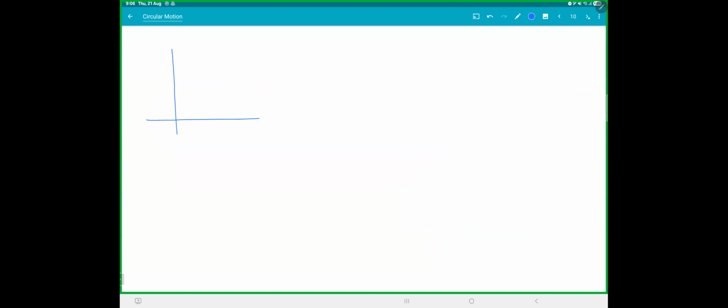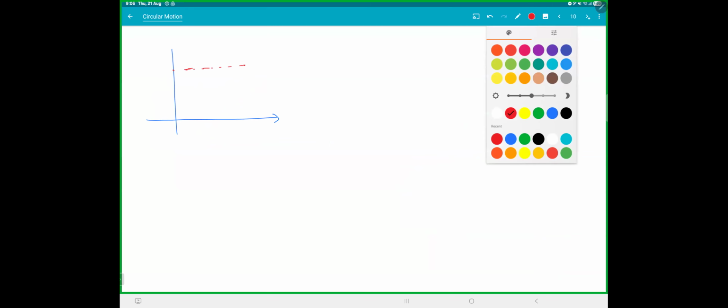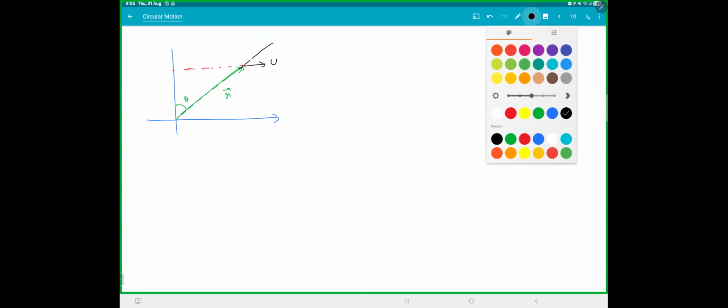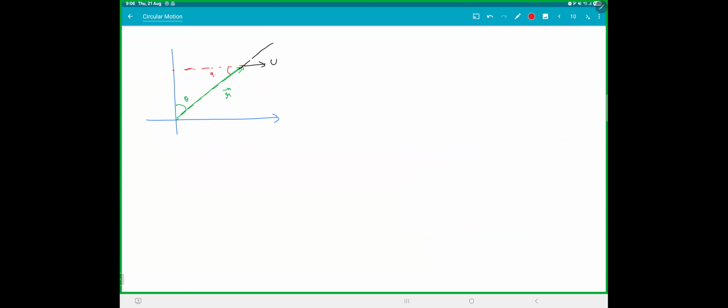This is what we did in kinematics. So the particle is going in a circle. This was your r bar. This was theta. This is your speed u. This angle will be 90 minus theta. This angle will be 90 minus theta.